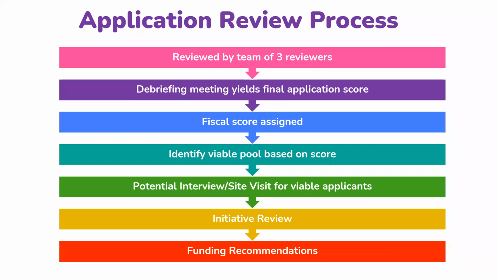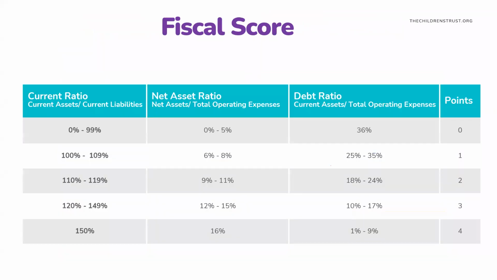In terms of the fiscal score, for those of you that are new, this is the formula. It's a potential of 12 points. This is for applicants that are new to the Children's Trust. We use your submitted audited financial statements to determine the organization's fiscal solvency.